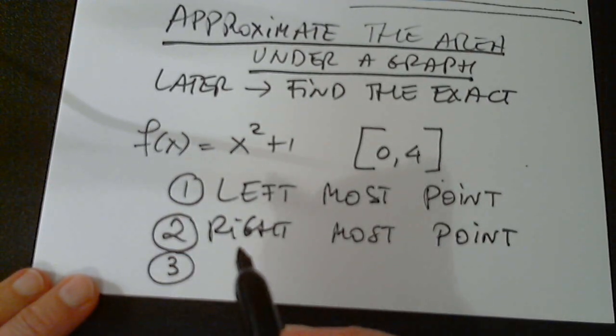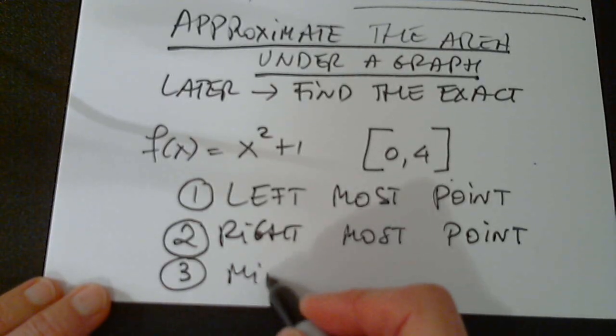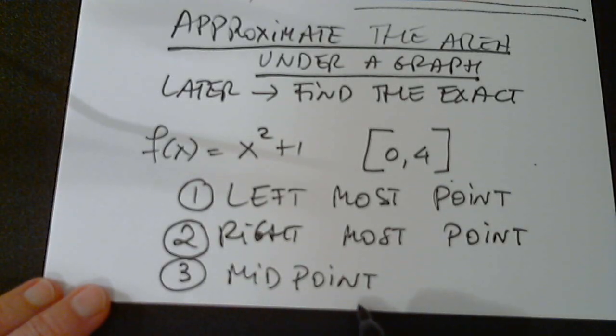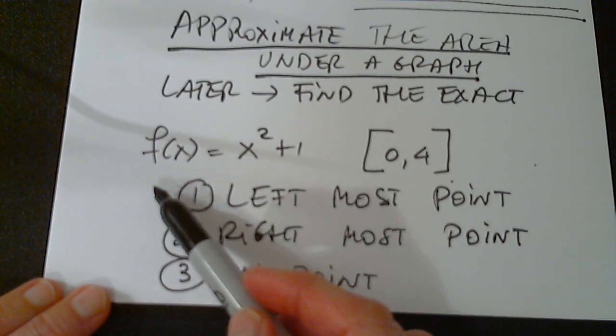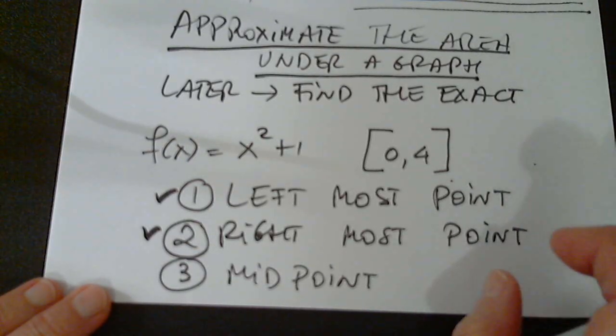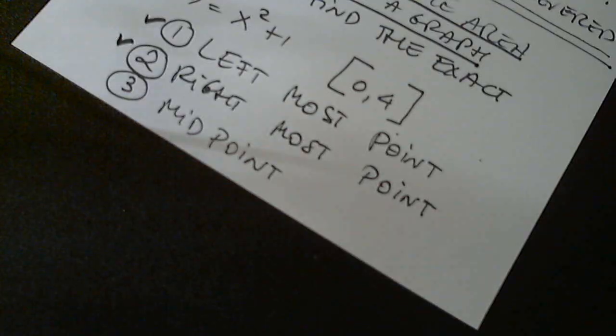And the last option, which we're not going to cover, but I just want you to know that it exists, is midpoint. I normally cover this in Calculus 1, but it's not in your book, so I just want you to know it exists. So we're only going to look at these two, not the midpoint. Okay, so what is all this? Sounds difficult. No, it's not. Bear with me.